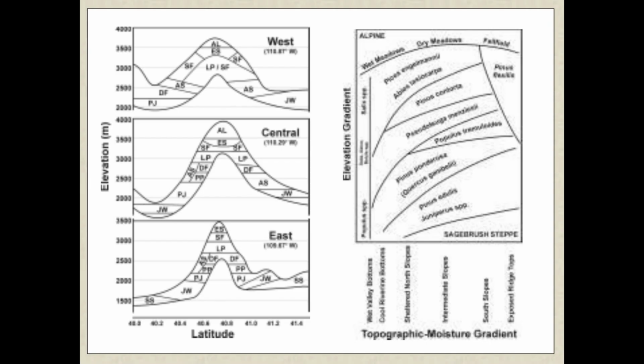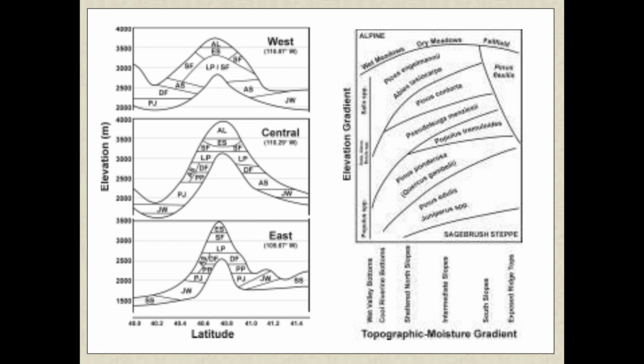We can also take that same information and put it into more conceptual models. What I did for a paper last year was take some transects through the Uintas because nobody had really described how the different zones broke out there. And then that little diagram on the right there, on the bottom you have what I was talking about with topography, slope and aspect.